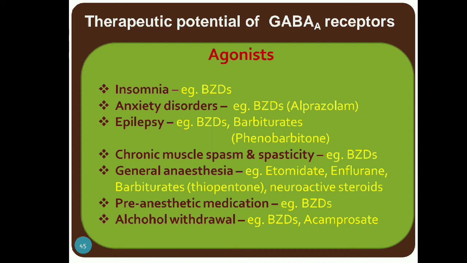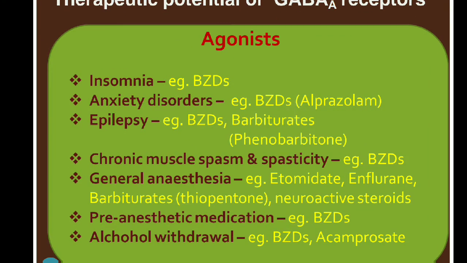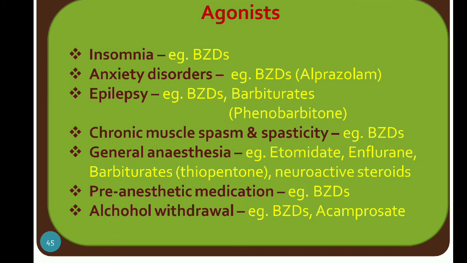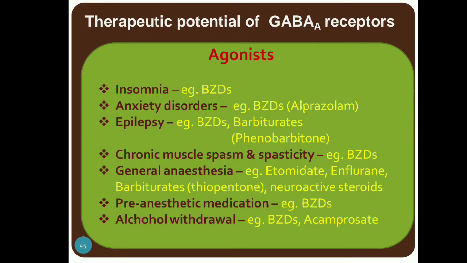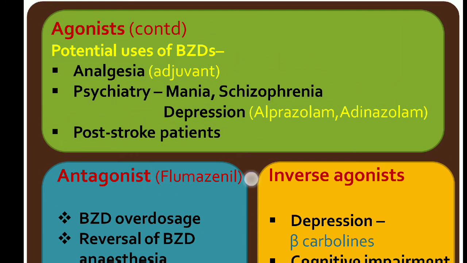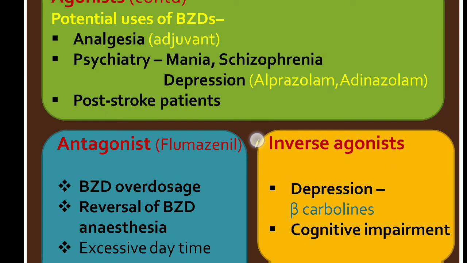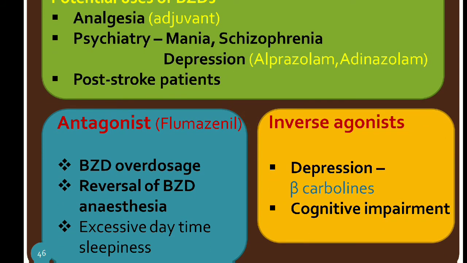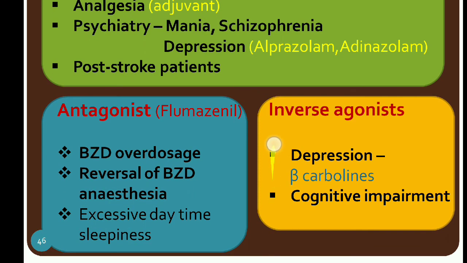This type of agonist is very important for various therapeutic uses. Other potential uses of BZD agonists: analgesic adjuvant, psychiatric conditions such as mania, schizophrenia, depression, alprazolam, adinazolam, post-stroke. Okay. Antagonist: flumazenil for BZD overdose and reversal of BZ anesthesia. Inverse agonists: excessive daytime sleeping, depression, beta-carbolines, cognitive impairment.